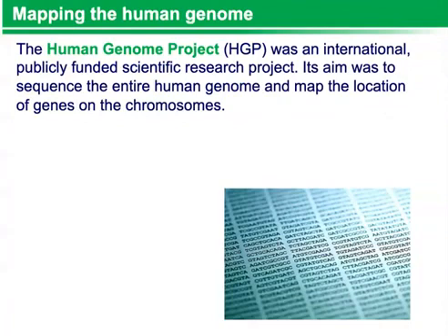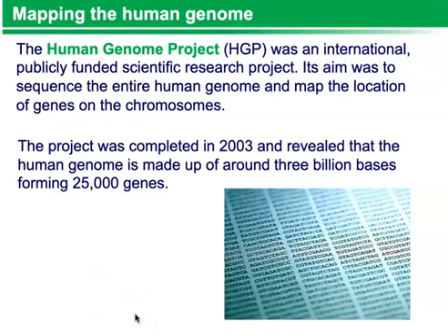Mapping the human genome. The Human Genome Project was an international, publicly funded scientific research project. Its aim was to sequence the entire human genome and map the location of genes on the chromosomes.